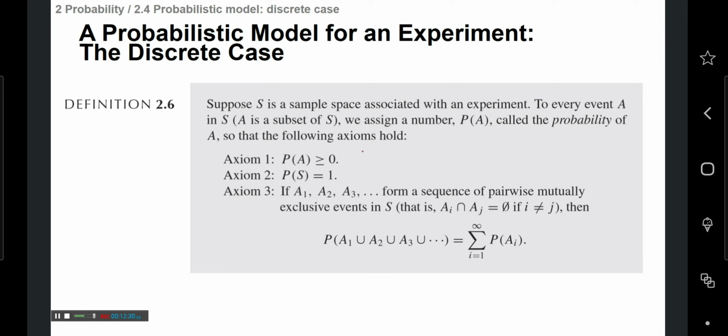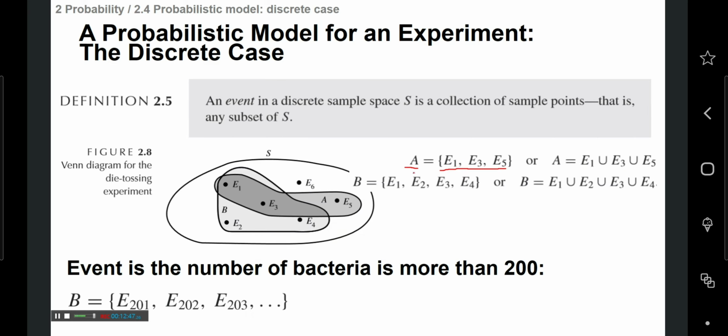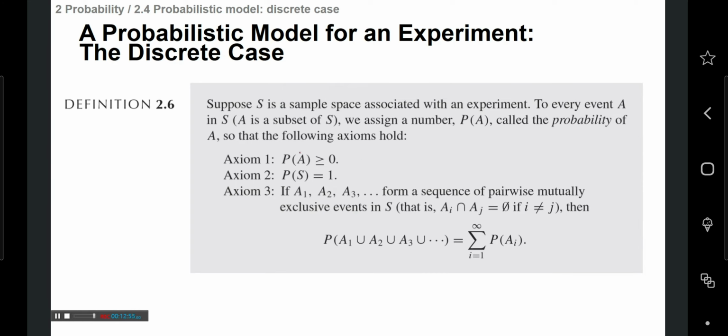Let's think about some examples. In the previous die tossing example, every event A in S, something like E1, E3, E5, each element is an event, and A is also an event. So we assign a probability that is always greater than or equal to 0.